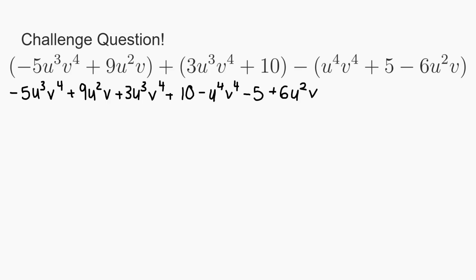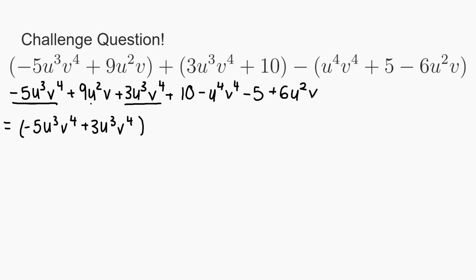So now that we've simplified all the negative signs, we can combine like terms. In this case, I'm going to use the horizontal method. So we're just going to group these terms and then add. So let's start with this one right here. We have u^3v^4. We have another one right here, u^3v^4, and that's it. So it'll be negative 5u^3v^4 plus 3u^3v^4.